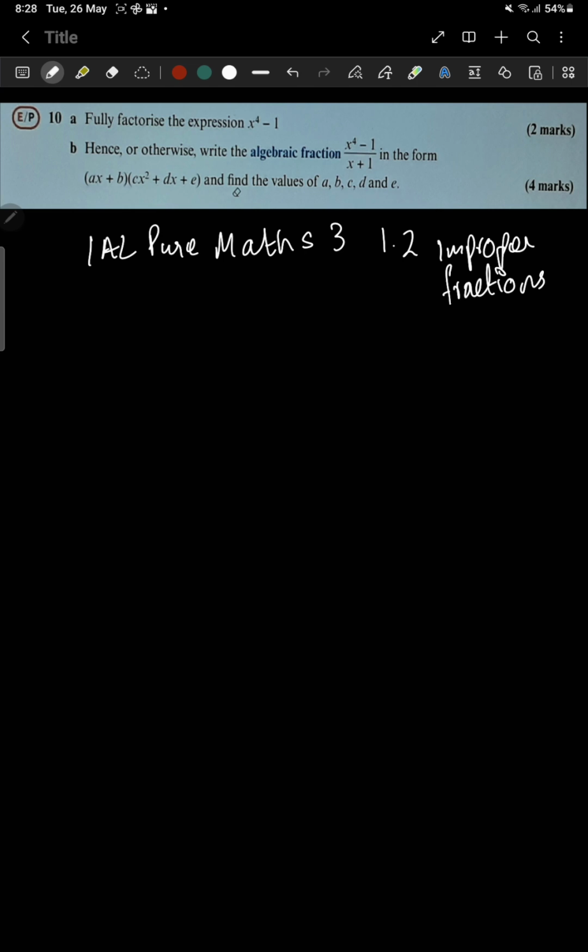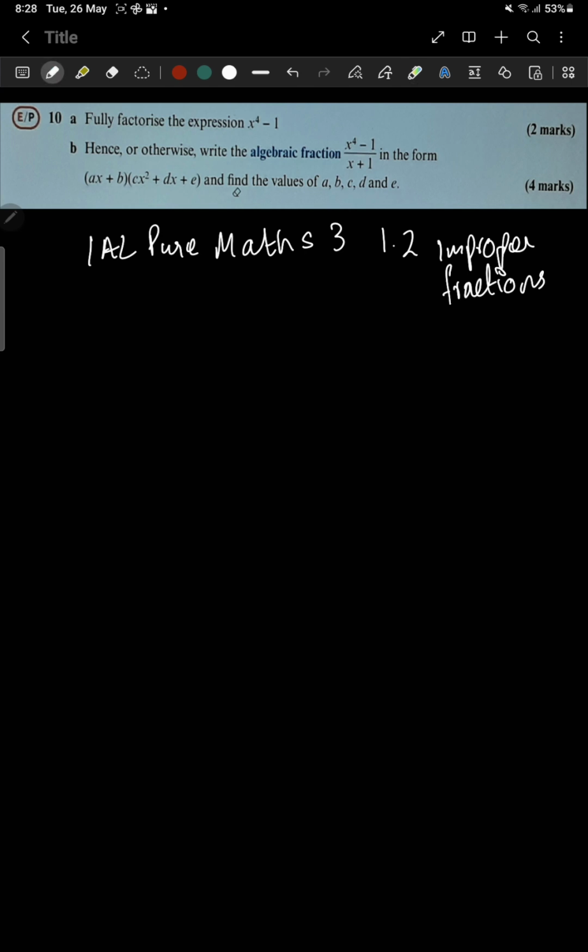Here's a textbook exam style question over here. We have to solve it. Fully factorize the expression. This part is for 2 marks and this is for 4 marks.